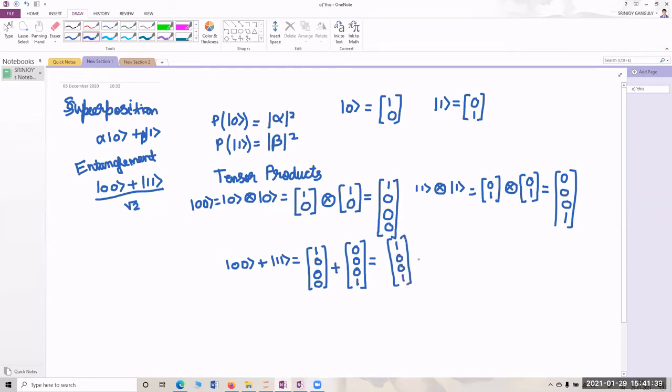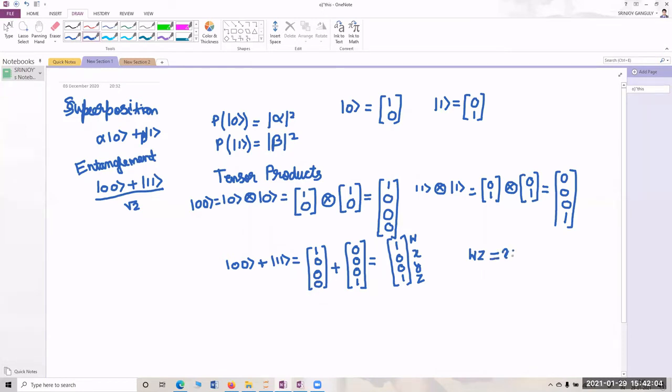And now to verify entanglement, this is a very important process. If you name these elements as W, X, Y, and Z, then you do a calculation. What is that calculation? You check whether WZ is equal to XY or not.